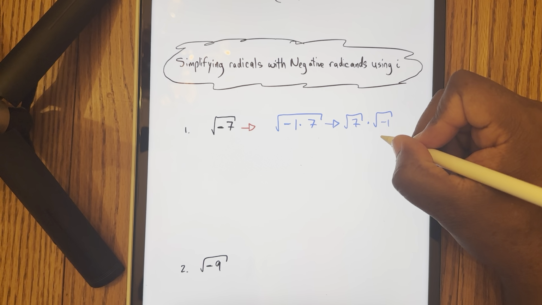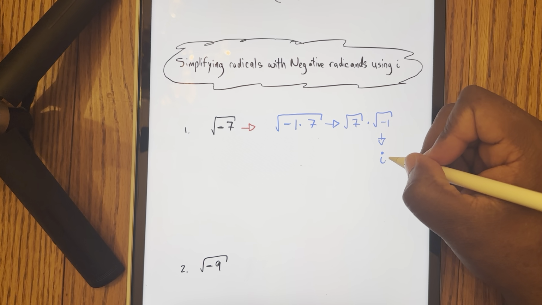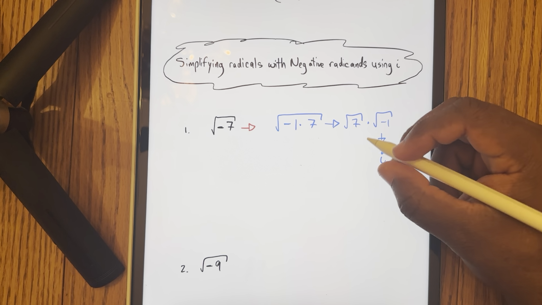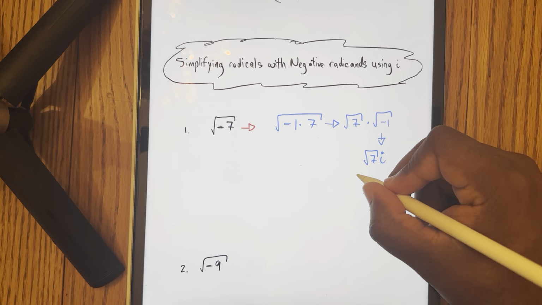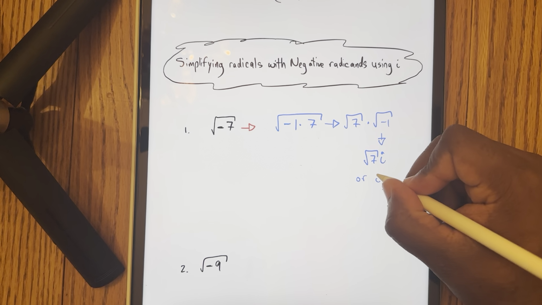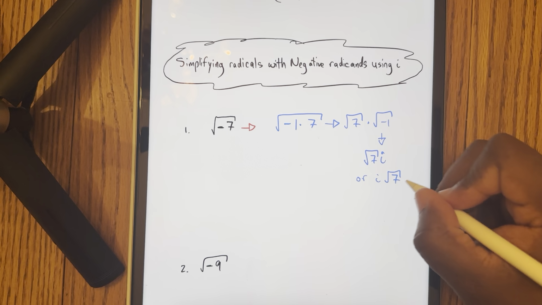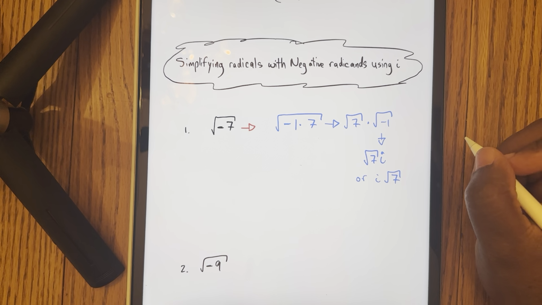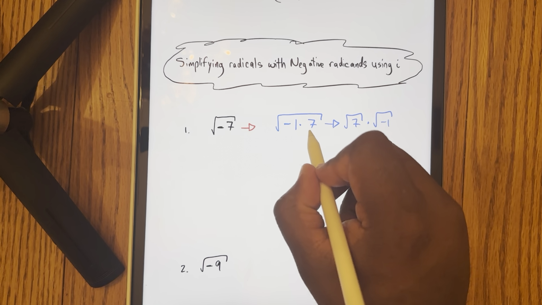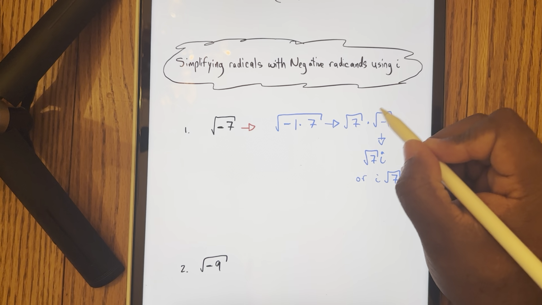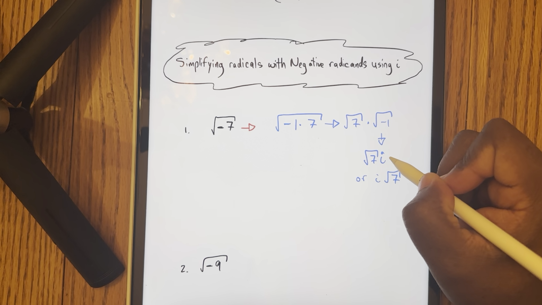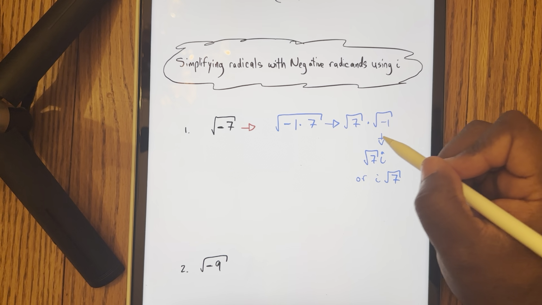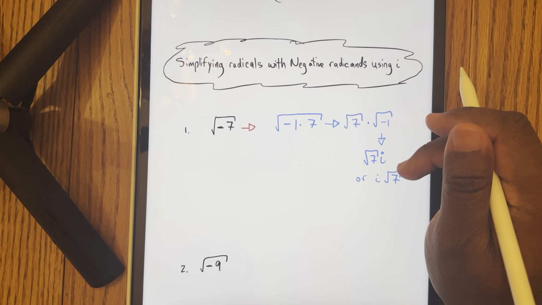We know that to be i, and the square root of 7 stays the same, leaving you with radical 7i, or i radical 7. And that would be the answer for this question. So as you can see, we just separated the -1 from the 7, isolating that, and then converting the square root of -1 to i, and then multiplying and combining them.